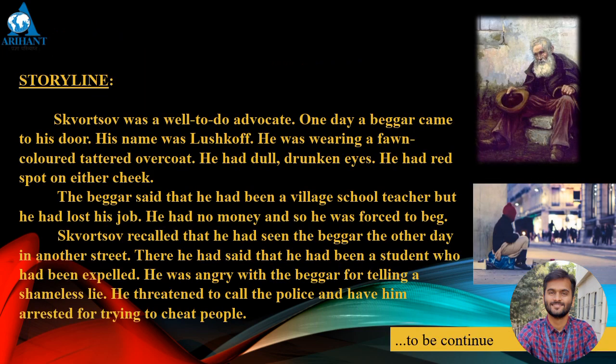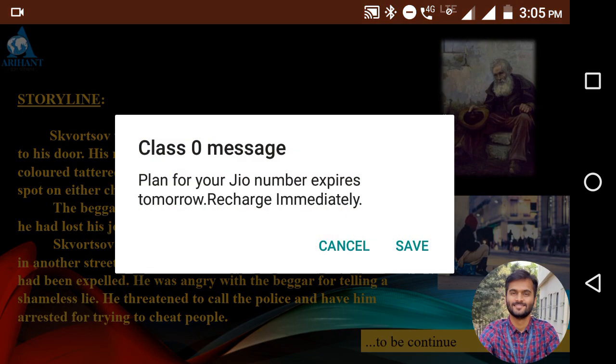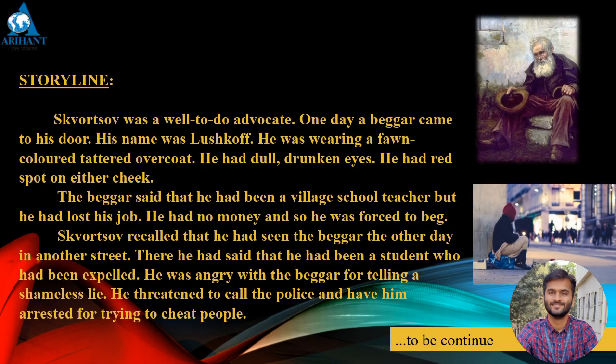Now we will see the detailed storyline of this short story. So we will get the broad idea of this short story. Skvortsov was a well-to-do advocate. One day, a beggar came to his door. His name was Lushkov.